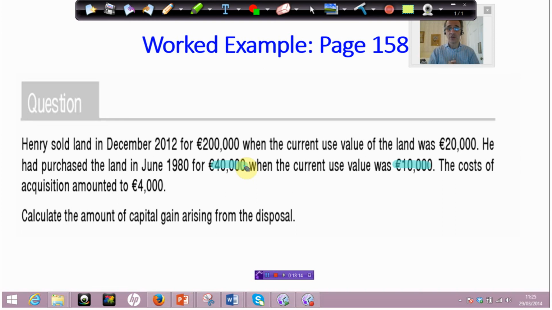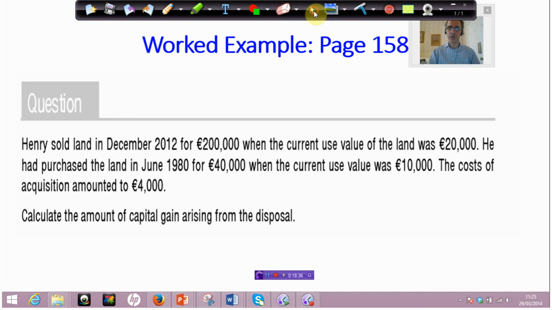And really, what we have to do is look at the costs, split them between current use and development value element, and only apply the indexation relief to the current use value. Now you'll see how we do that on the next page.